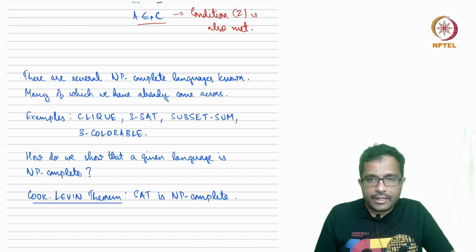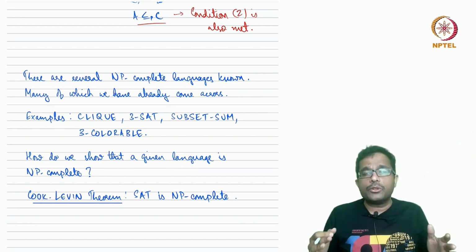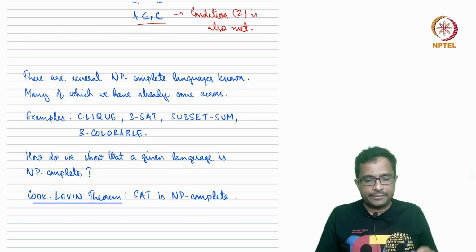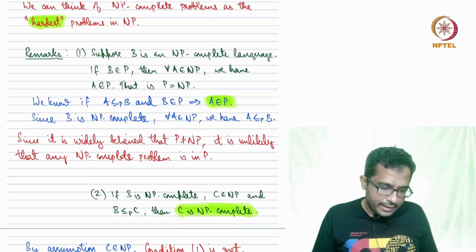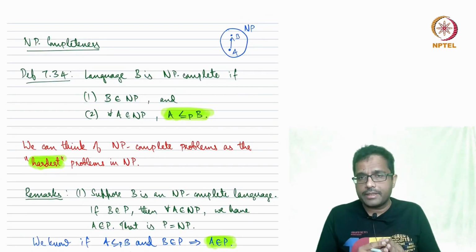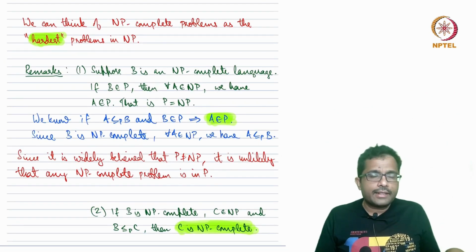So first we start with SAT, and once we have a bunch of languages that we know to be NP complete, now we can reduce from any one of them, not necessarily from SAT, right? So that is the significance of NP completeness. NP complete problems are considered to be the hardest problems in NP, and the two most important things are: first, if a certain language is NP complete and we show that it is in P, that implies that P is equal to NP, right?